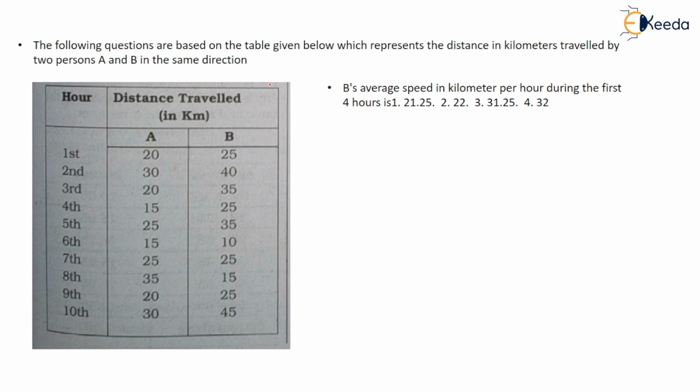Okay, so now the question asked to us is B's average speed in kilometers per hour during the first 4 hours. So for the first 4 hours you have to see, 25 in the first hour, the number of kilometers, then 40 kilometers it covered, then 35, then 25.